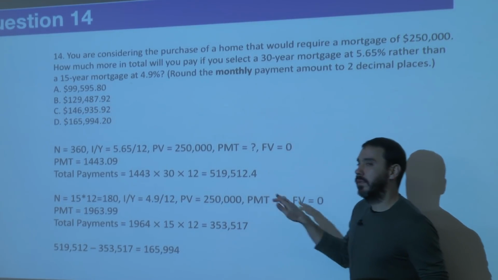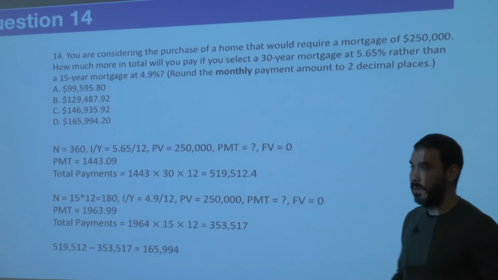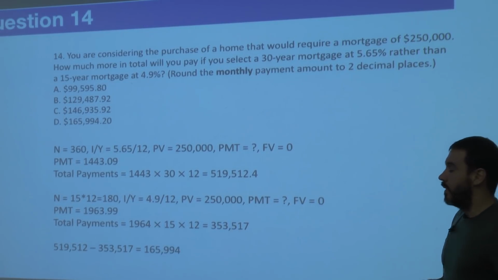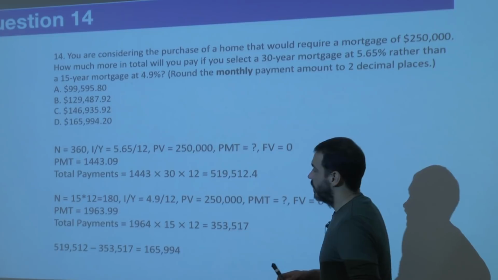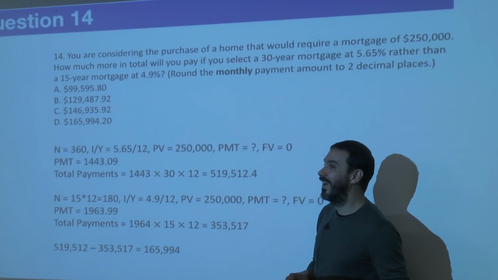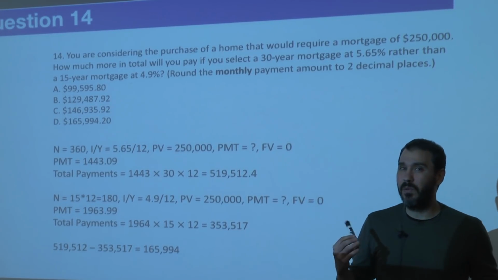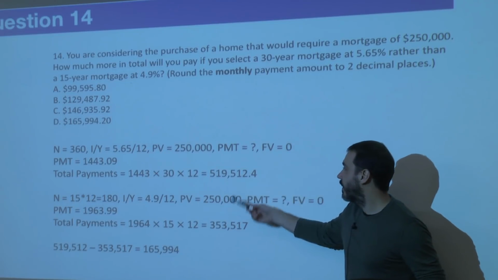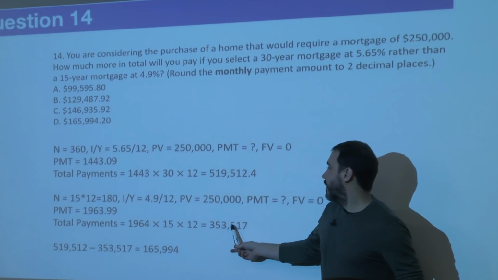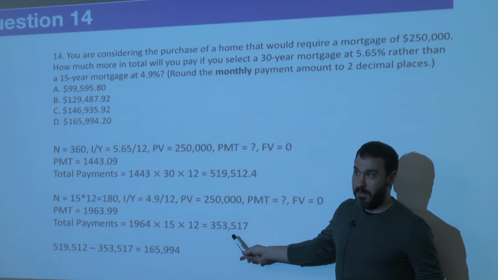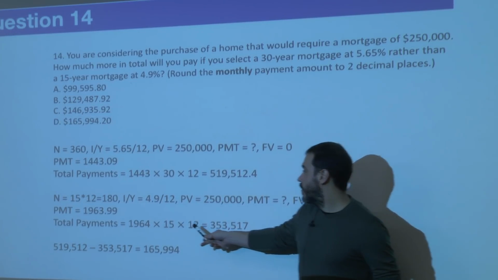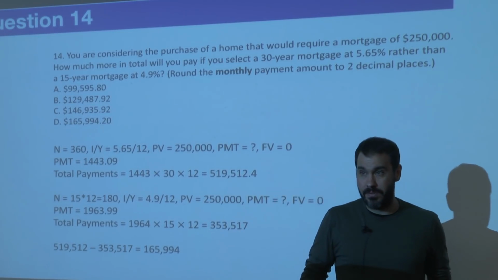What's weird about this? Okay, but what's weird about this? What am I doing here? Here I'm comparing. So this number is much lower, but it's also concentrated in 15 years.